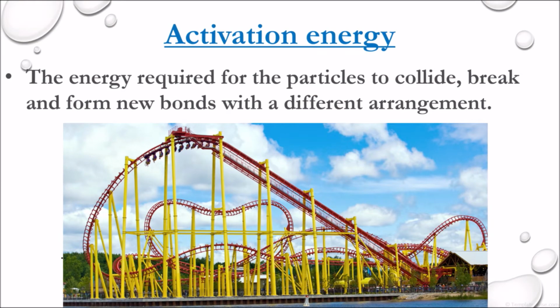You can think of activation energy as a roller coaster ride. It is the energy required for a particle to break and form a new bond with a different arrangement. If the roller coaster doesn't go to the very peak, you will not be able to go to the other side of the reaction. You will be stuck where the reactants originally are. That's what activation energy represents: an energy barrier for a chemical reaction to occur.